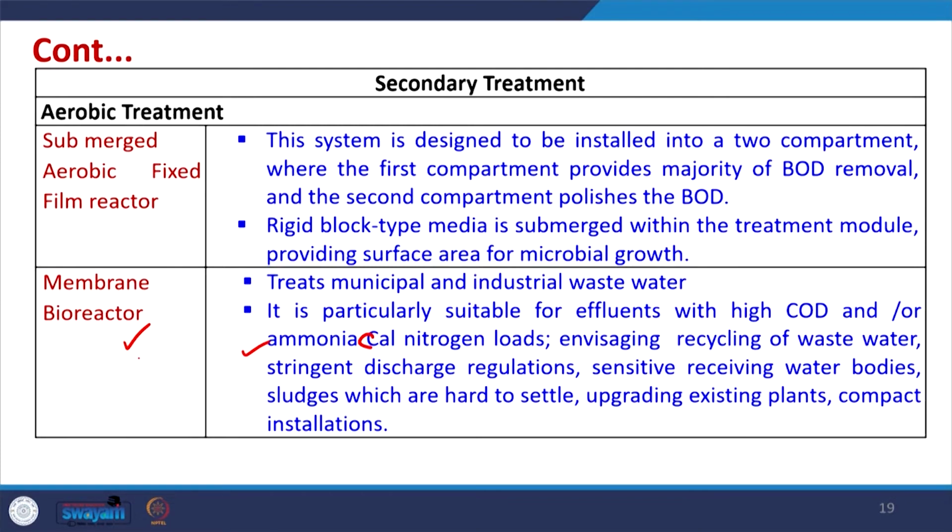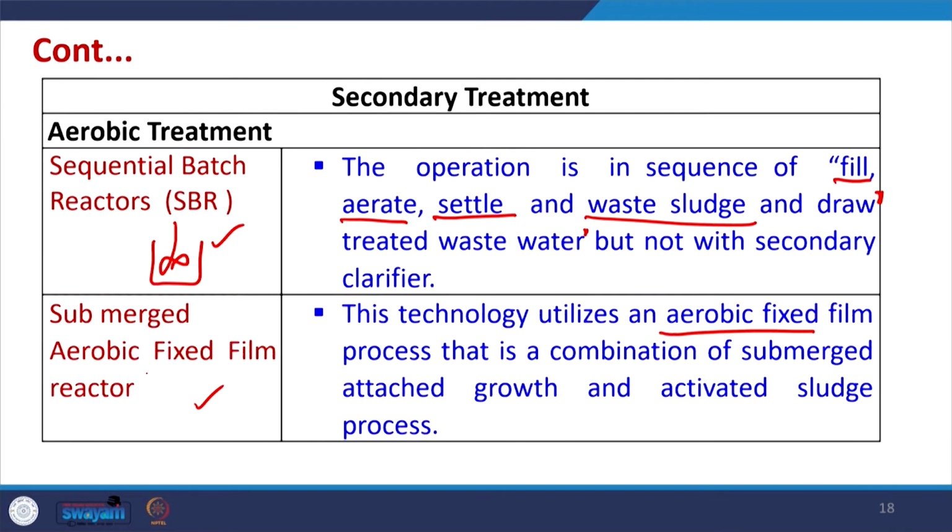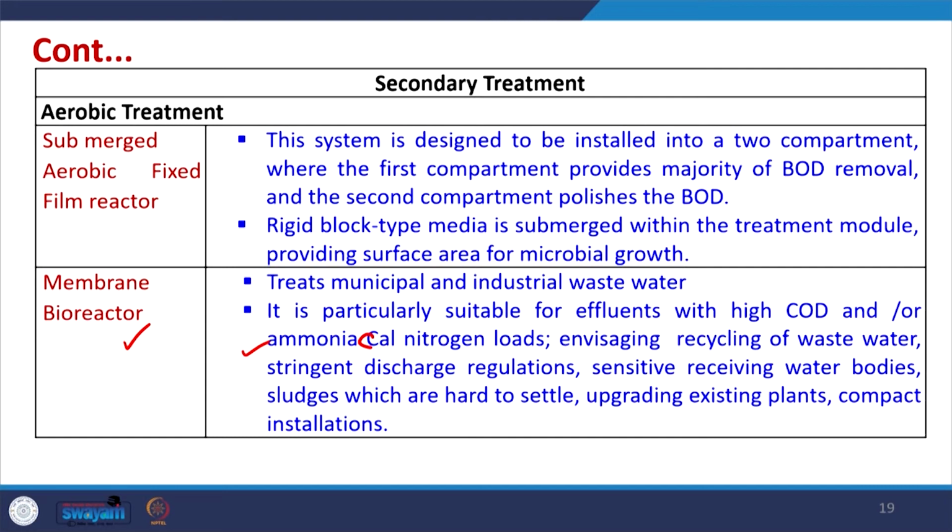So, membrane reactors, new technologies like SBRs, the submerged aerobic fixed film reactor and membrane bioreactor, they are becoming more common as an aerobic treatment strategy. So, these are becoming very common.